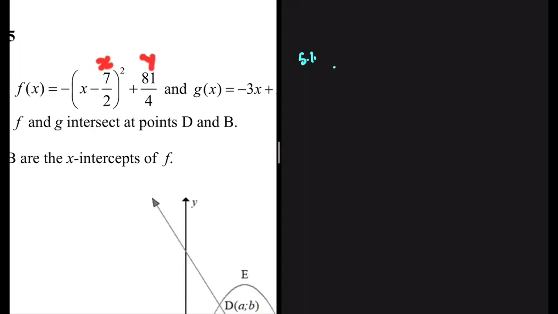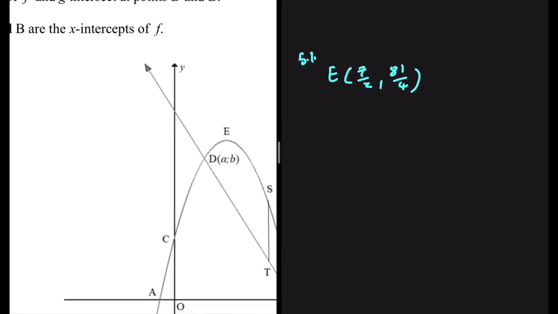That is to say that for the coordinates of E, we have x is equal to 7 divided by 2, and y is equal to 81 divided by 4. If here we had a plus sign, then it would be minus 7 divided by 2. And if we have a minus sign, it is just 7 divided by 2. That's how it works when you're given your equation in that form.